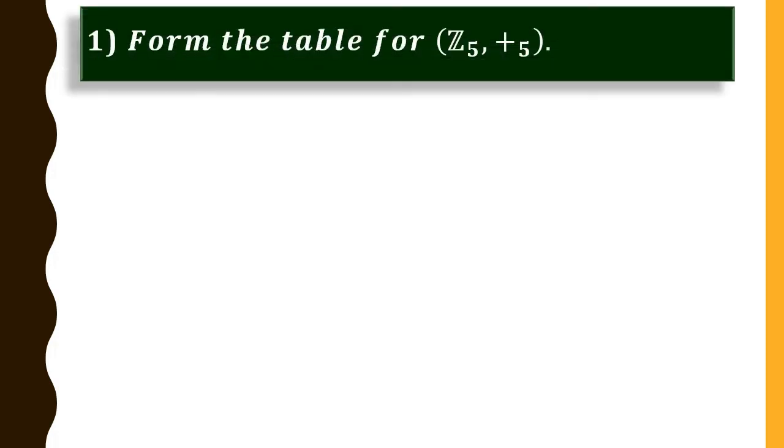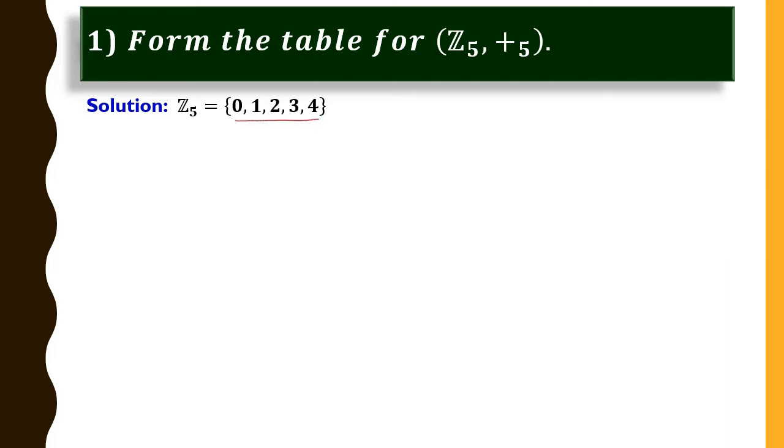Now we shall consider a few examples on writing the table for the given set under the operation addition or multiplication modulo n. The first one is: form the table for the set Z5 under addition modulo 5. What is the given set? That is Z5. Z5 means we know that it has the elements 0, 1, 2, 3, 4.